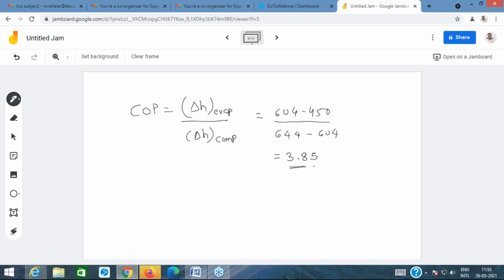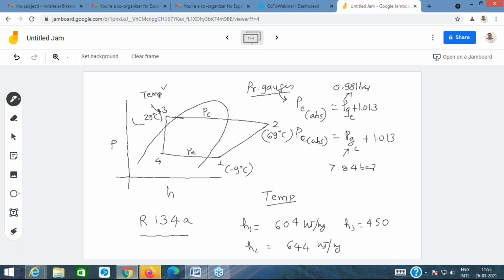Refrigerating effect, how do you find it? I told you, you find it by m Cp delta T. One can also take the mass flow rate. Here there is a flow meter, as was shown in the video.